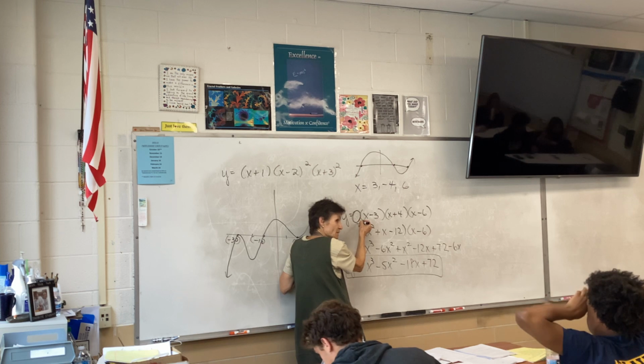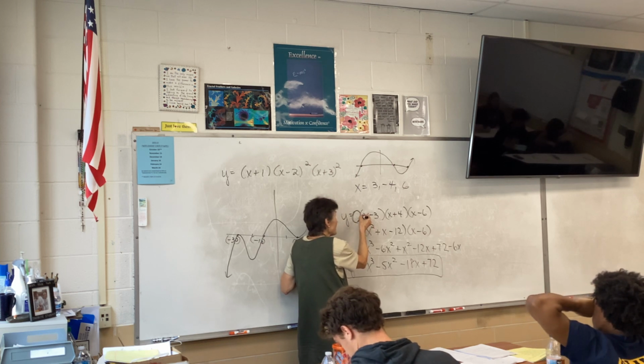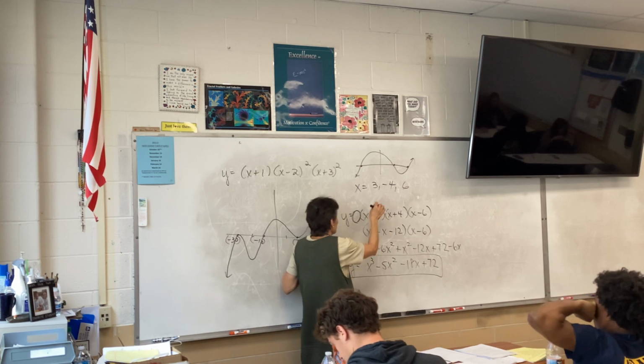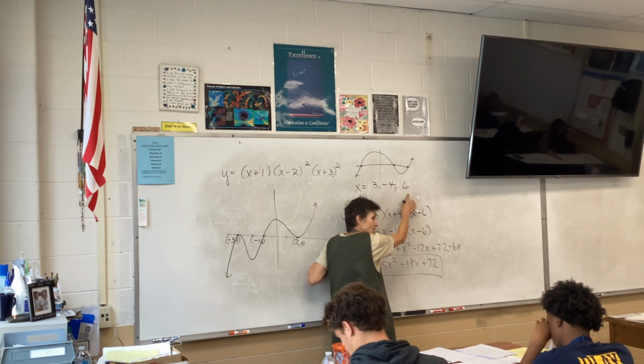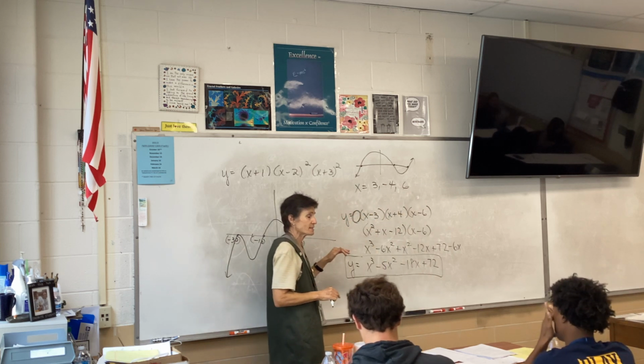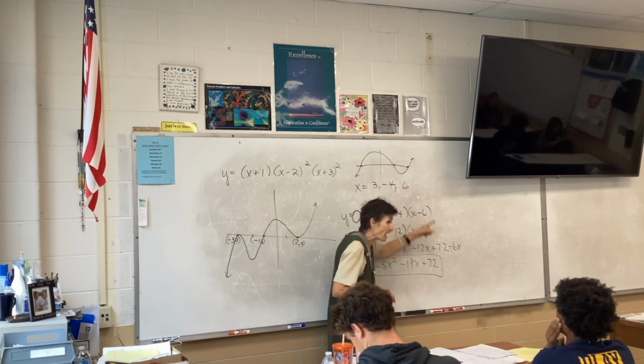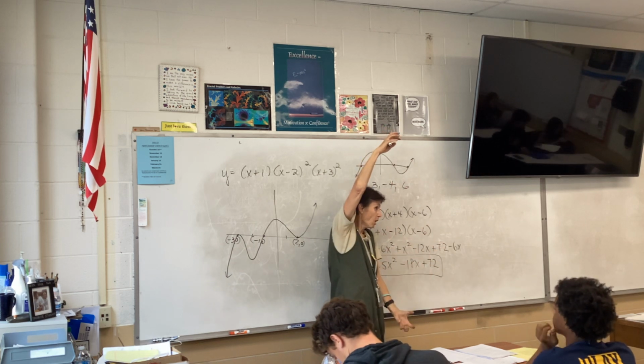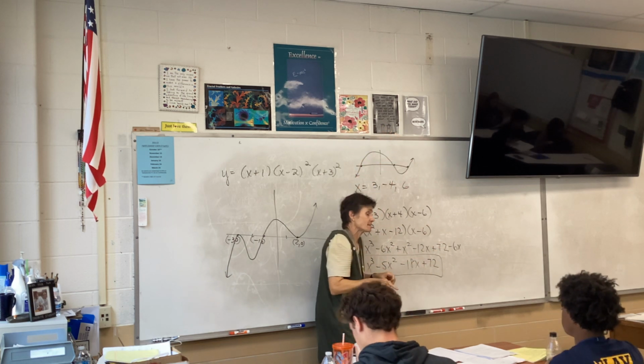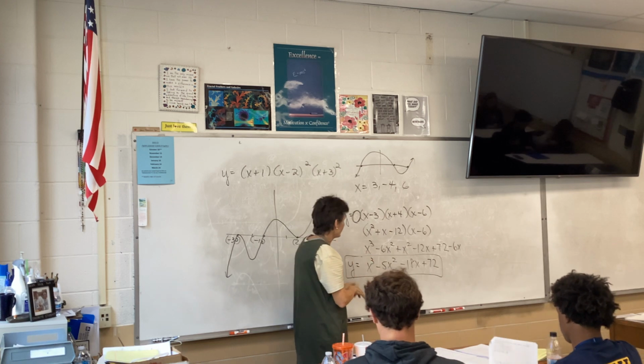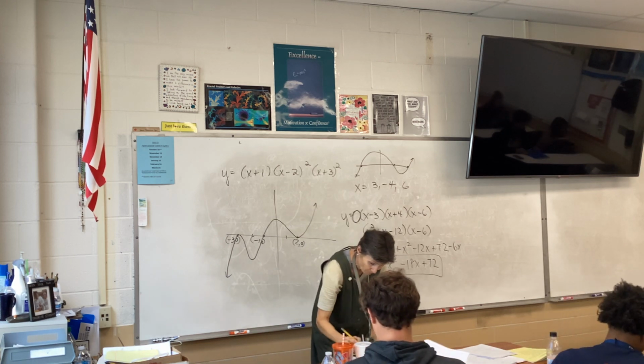Could there be a coefficient there? Is there any way of knowing that coefficient based on just the zeros? No. So you understand, this thing could be upside down, it could be really tall, right? There are lots of ways. All right, we'll continue that next time.